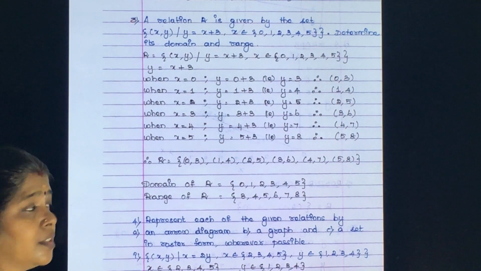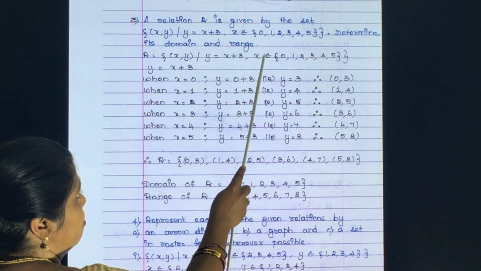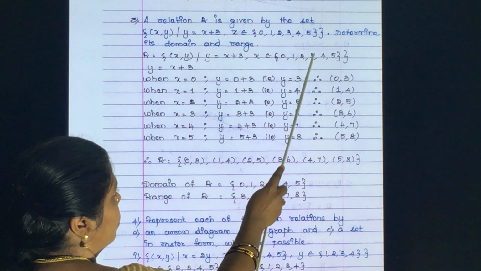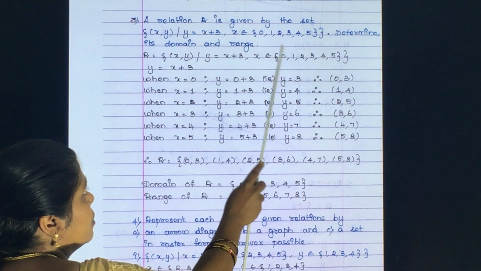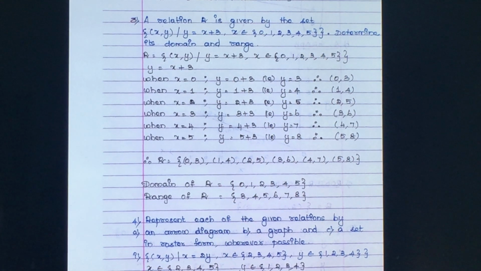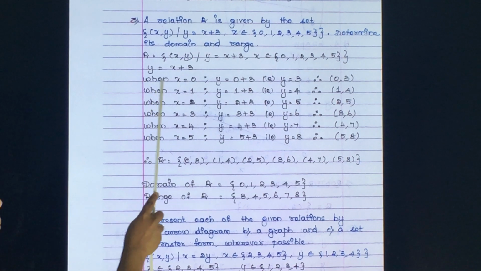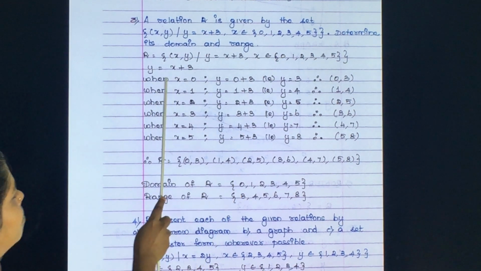What values are here to substitute? See here, x belongs to 0, 1, 2, 3, 4, 5. They are given here, right? So these values you have to substitute for x. What happens when first you take x as 0?